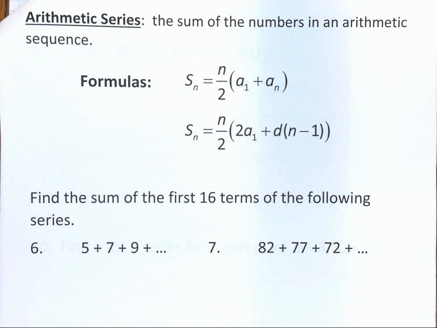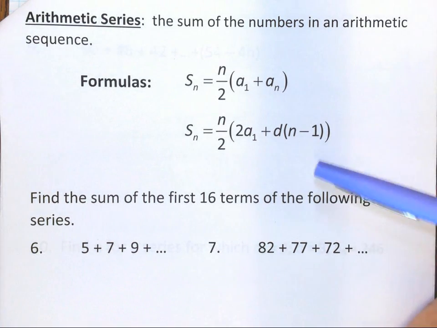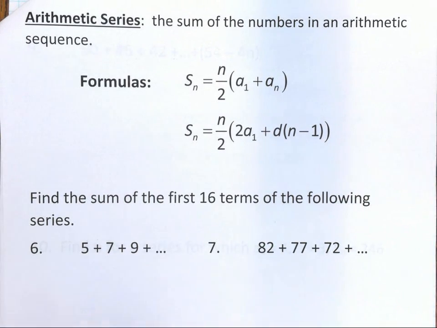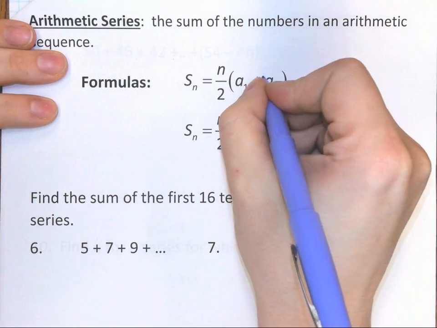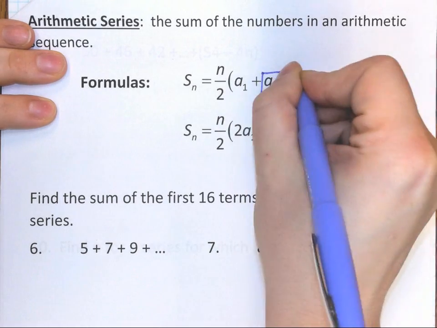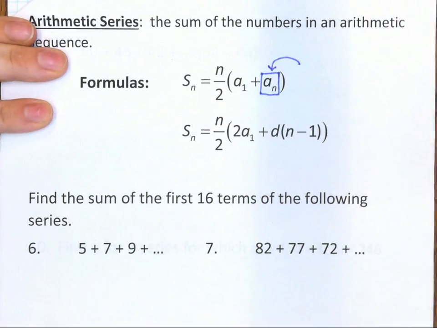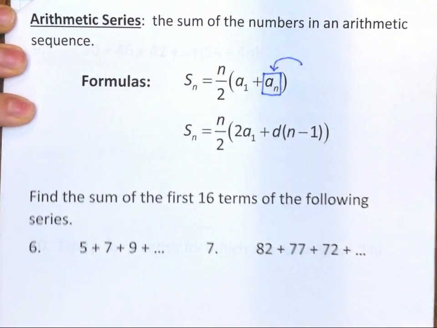Now, we have 2 different formulas, but they're really not 2 different formulas. All it is, the second formula, simply comes from taking the fact that we have something that tells me how to find a sub n. What is my formula to find the nth term?